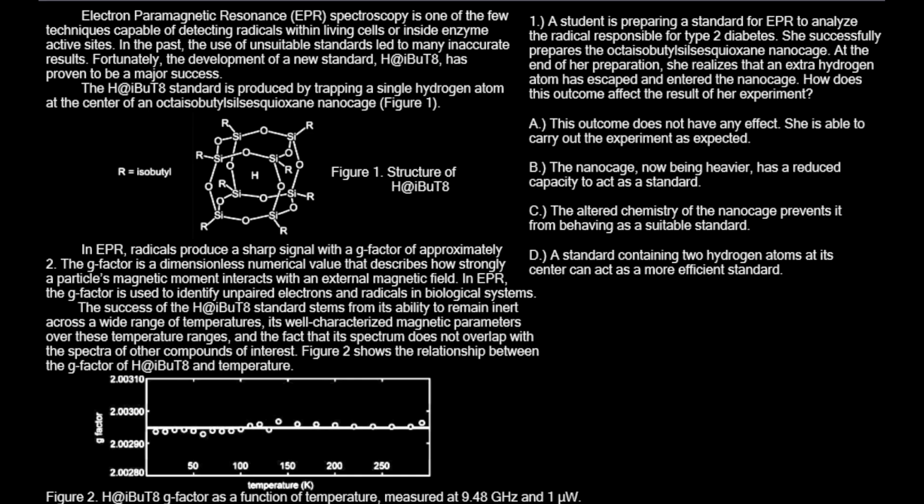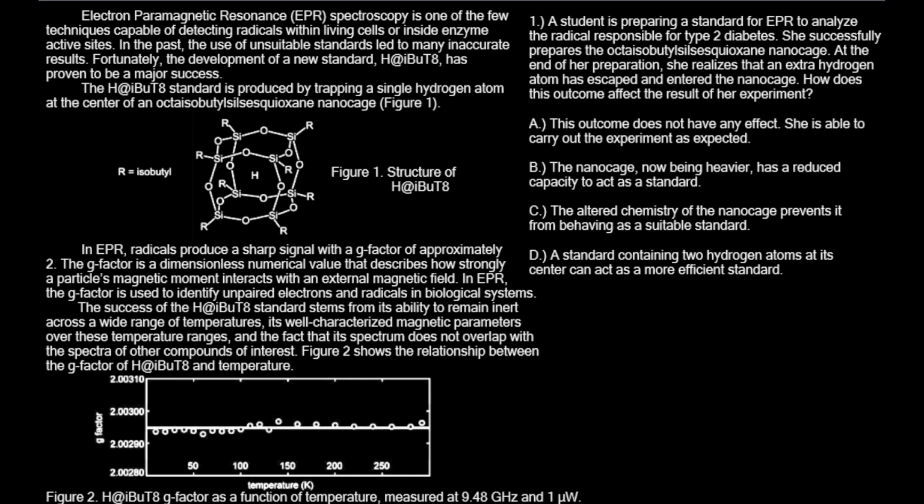The success of the H@iBuT8 standard stems from its ability to remain inert across a wide range of temperatures, its well characterized magnetic parameters over these temperature ranges, and the fact that its spectrum does not overlap with the spectra of other compounds of interest.